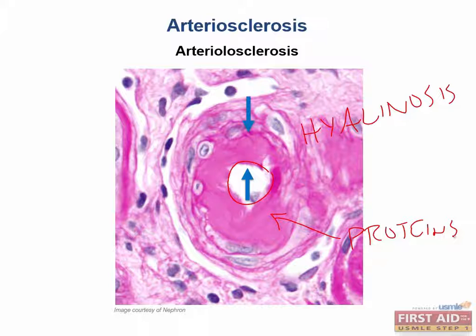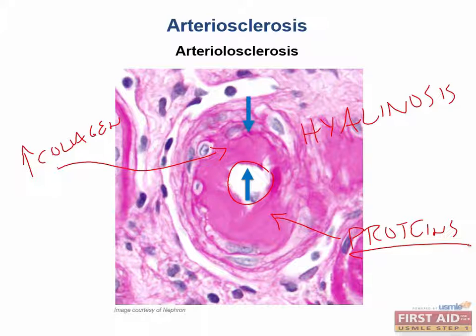Well, to reinforce the basement membrane because of this chronically high pressure they're subjected to, there's going to be an increase in collagen deposition. And then guess what stains pink on H&E? This collagen that's been depositing in response to the high levels of pressure and the proteins that are being pushed into the basement membrane.